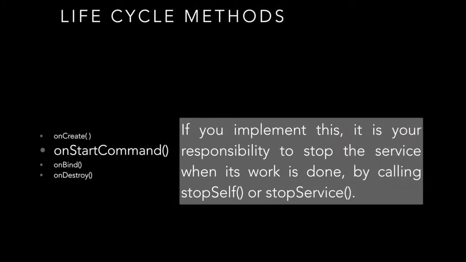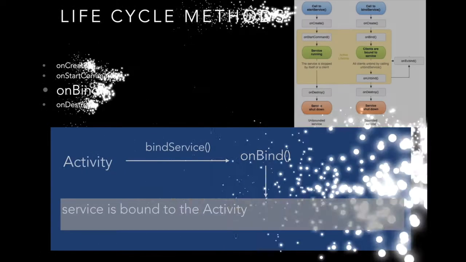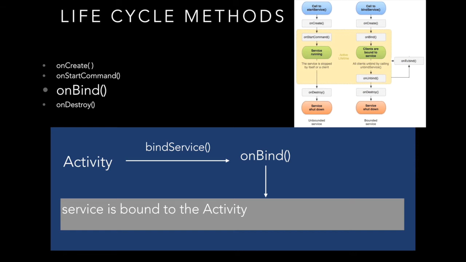When you implement this onStartCommand, remember that you have to stop the service, either by calling the method stopSelf or stopService. In the demonstration part, I will explain how to do it. And regarding onBind, this is the flow.